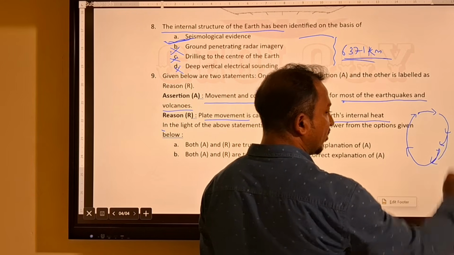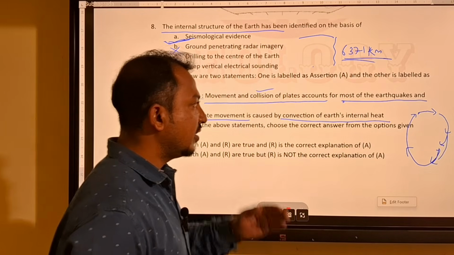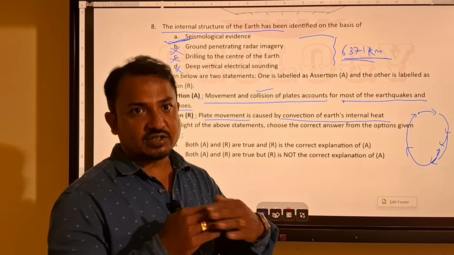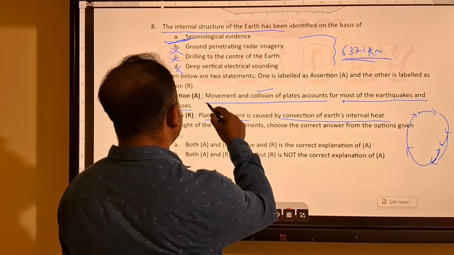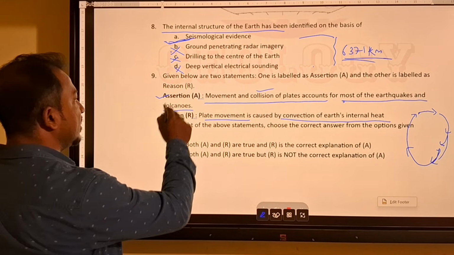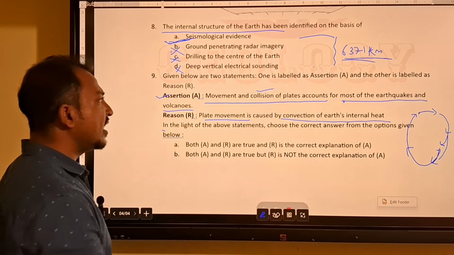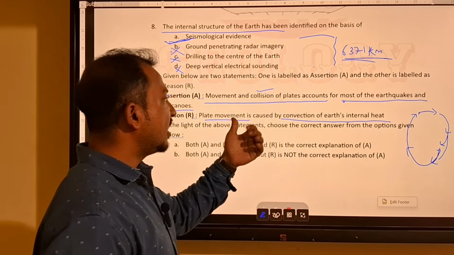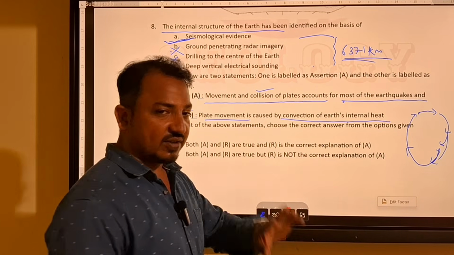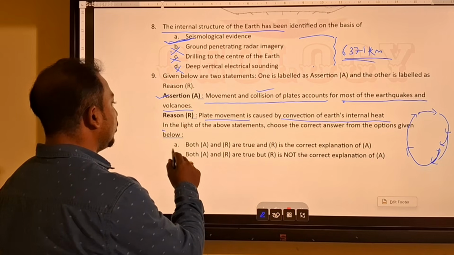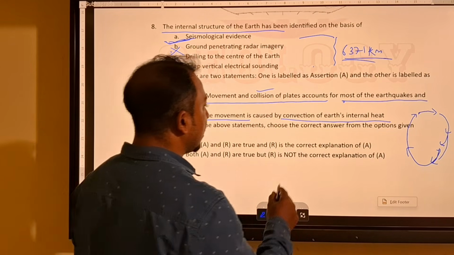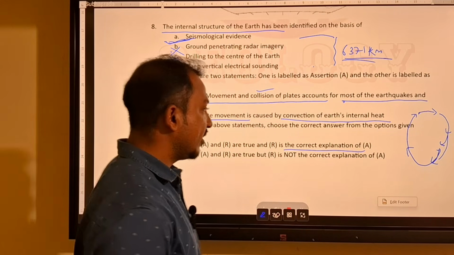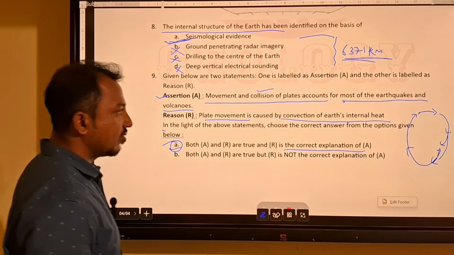This process is called convection, and because of the convection, the plate above it gradually slides or moves. So the reason indicates the movement of plates by convection. Both A and R are true, and R is the correct explanation of A. So the answer will be A.